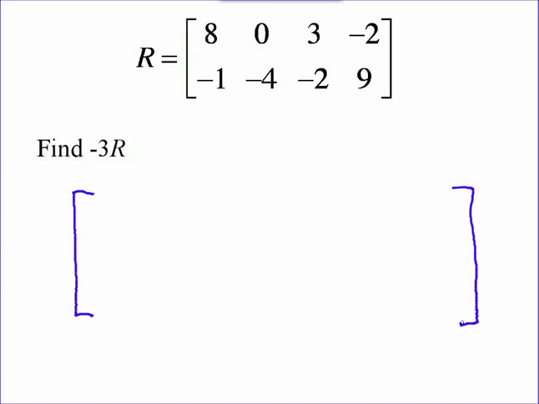So let's see what negative 3r is. There you go, good job.